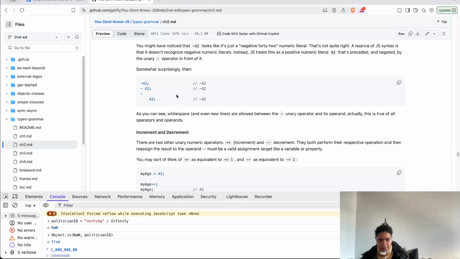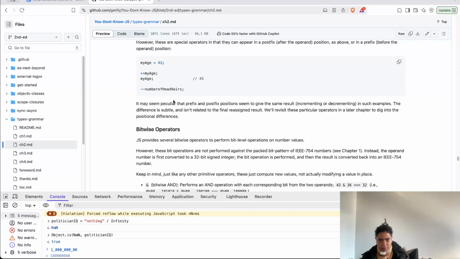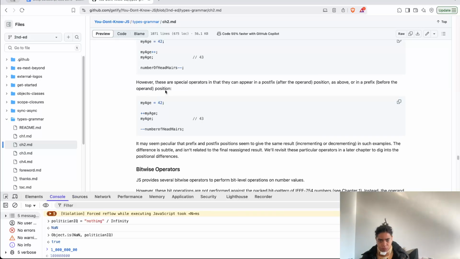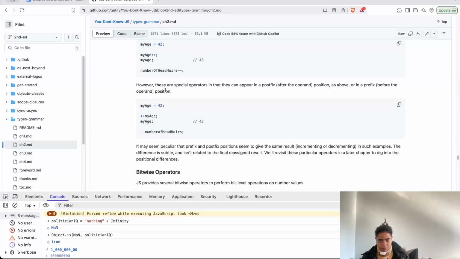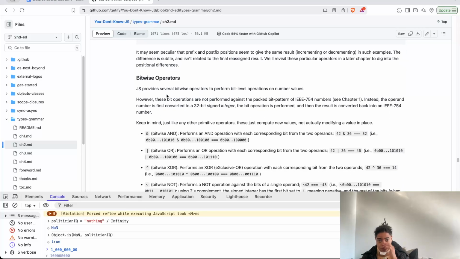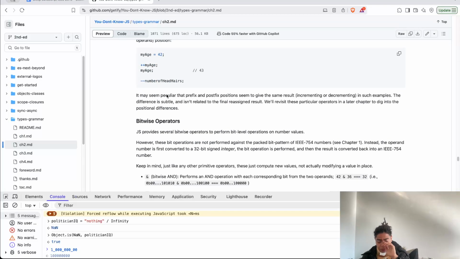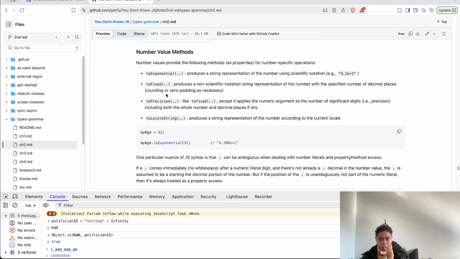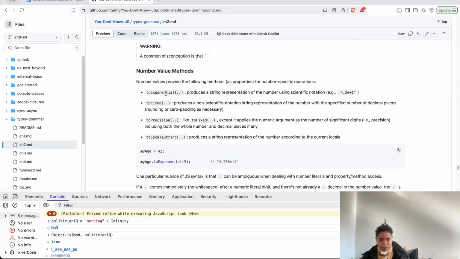Somewhat surprisingly then, increment and decrement. And the other is the bitwise operator, and Number values methods.